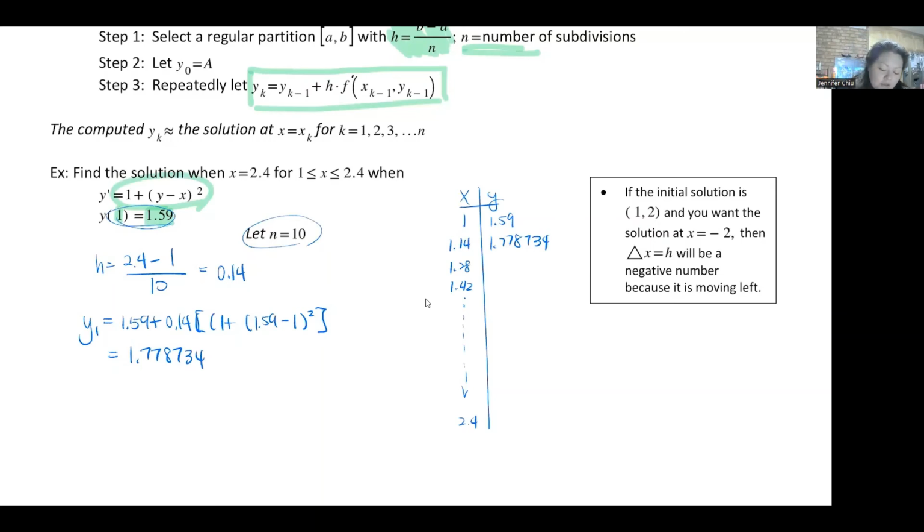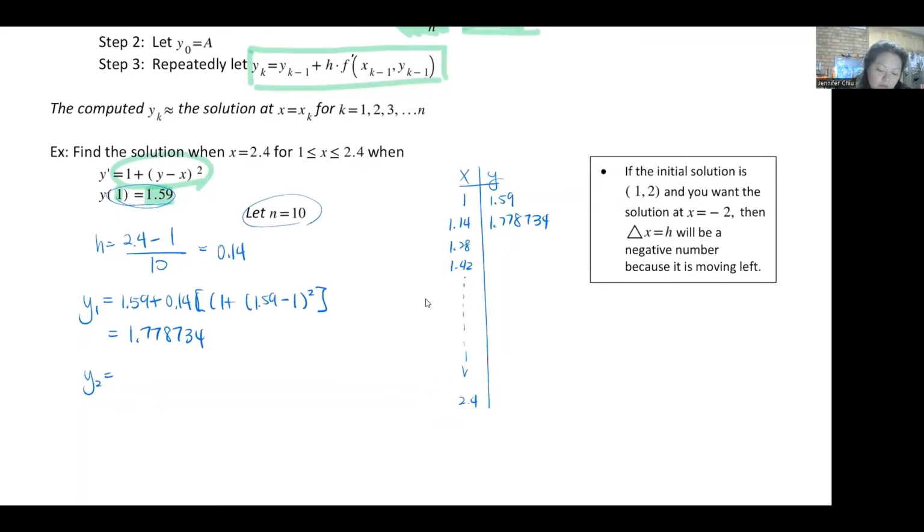Okay, now using that, I can estimate my next y sub 2. Following the formula, it's the old y, 1.778734, plus the h, 0.14, times the derivative evaluated at the new y: 1 plus, 1.778734 minus 1.14 squared, close parentheses.